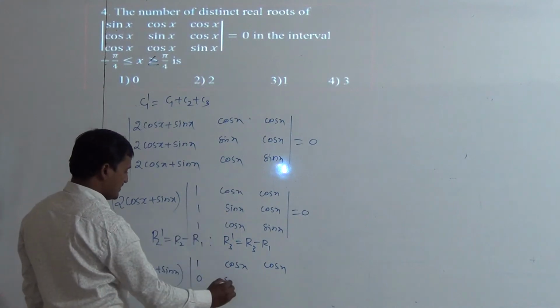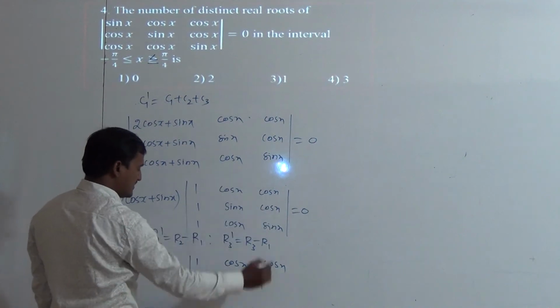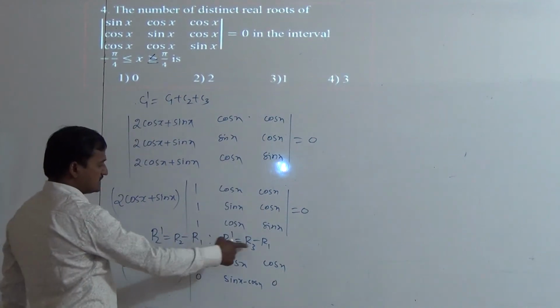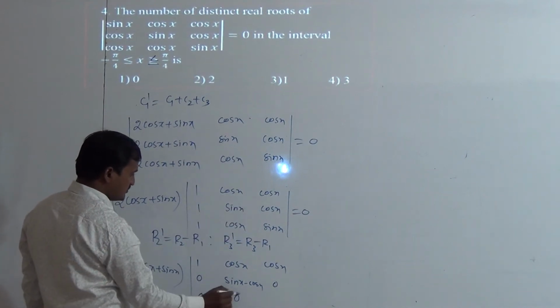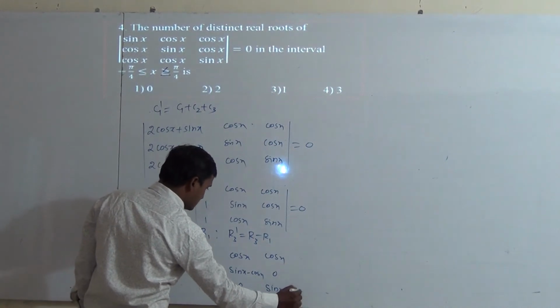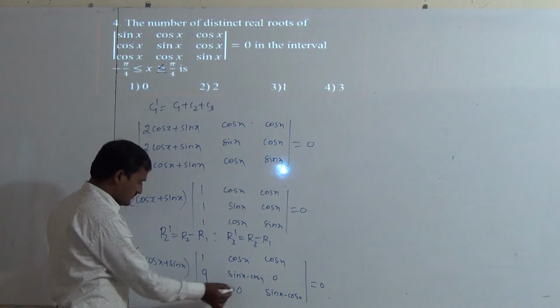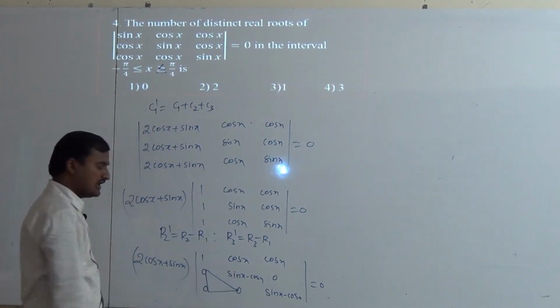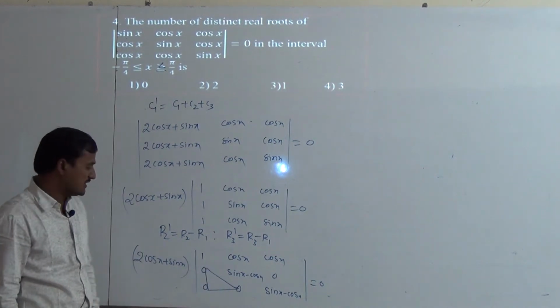So clearly it becomes sin x minus cos x, minus cos x is 0. R3 minus R1, 1 minus 1, again it is 0. Cos x minus cos x is 0. So clearly again it is sin x minus cos x. This determinant becomes 0 on one side of the principal diagonal. So here you should observe that if the elements on one side of the principal diagonal are equal to 0, then the value of the determinant is equal to the product of the principal diagonal elements.